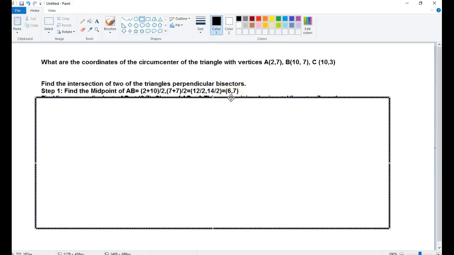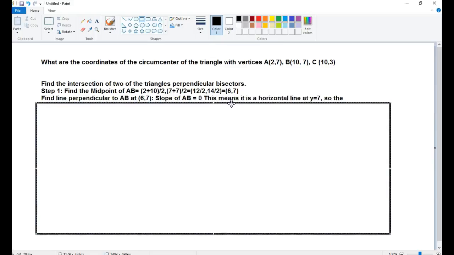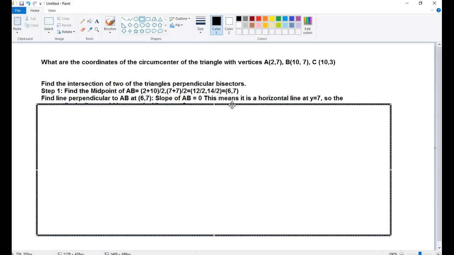Then what we need to do is find the line that is perpendicular to AB and at point (6, 7). So remember what we need to do to find perpendicular lines. We need to find the slope. So the slope of AB is 0. This means that it is a horizontal line at y equals 7. So there's no slope, so there's a horizontal line.